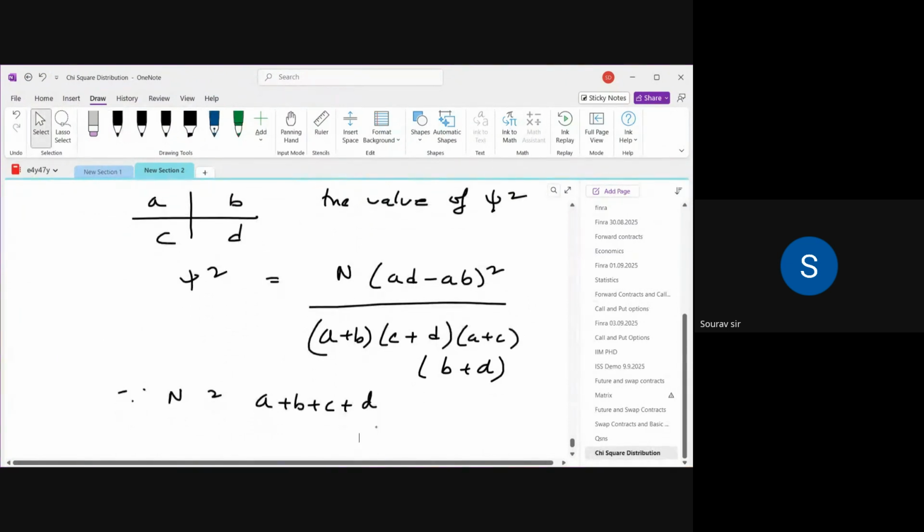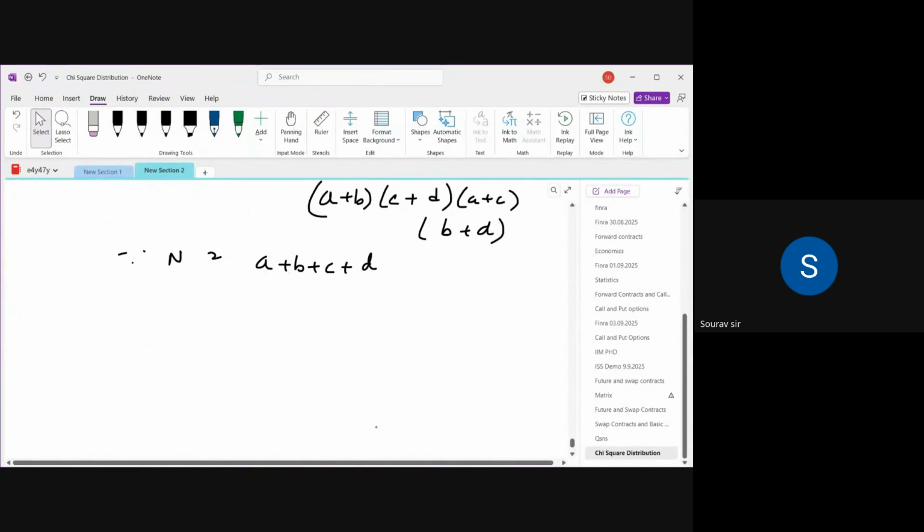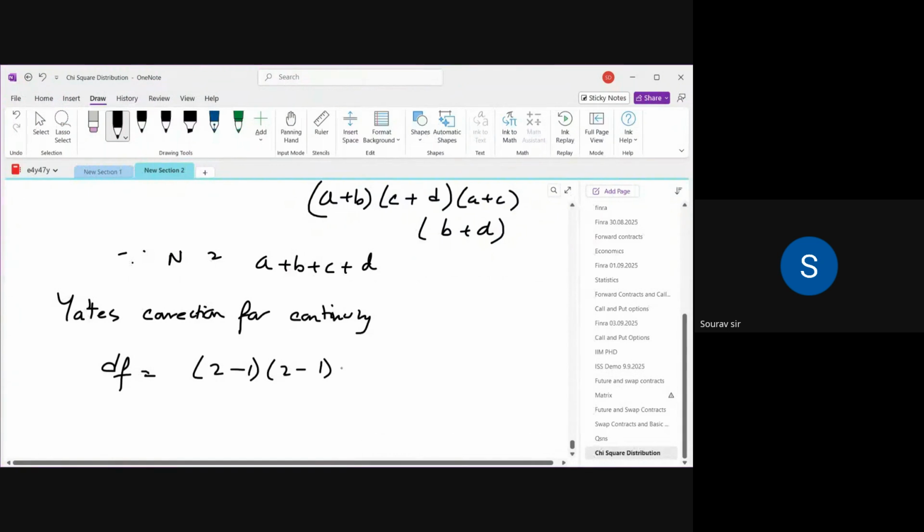Okay. Now, Yates correction for continuity. That is there for this. So, what is that? Note it down. Yates correction for continuity. So for a 2 cross 2 contingency table, here degrees of freedom is (2 minus 1) times (2 minus 1), so that is 1 cross 1, that is 1. Okay.